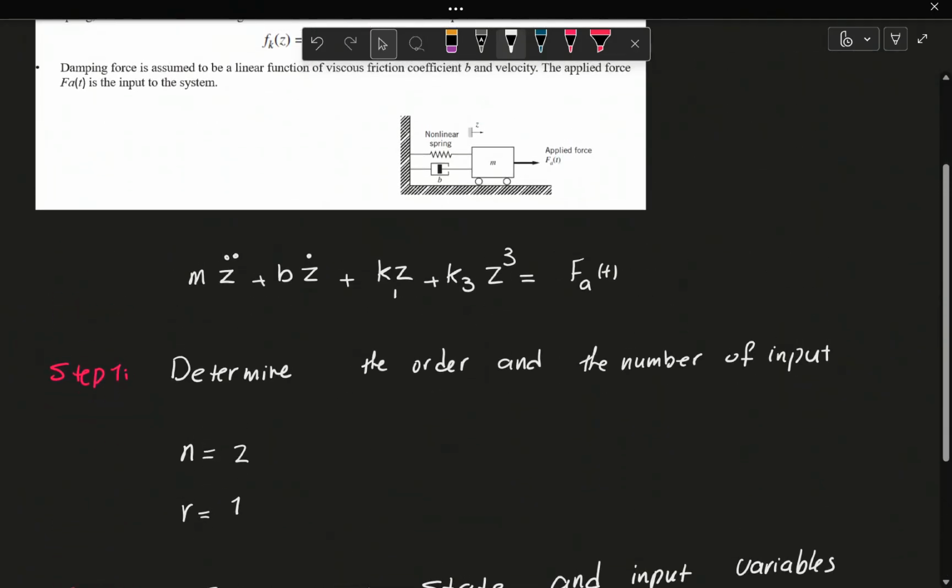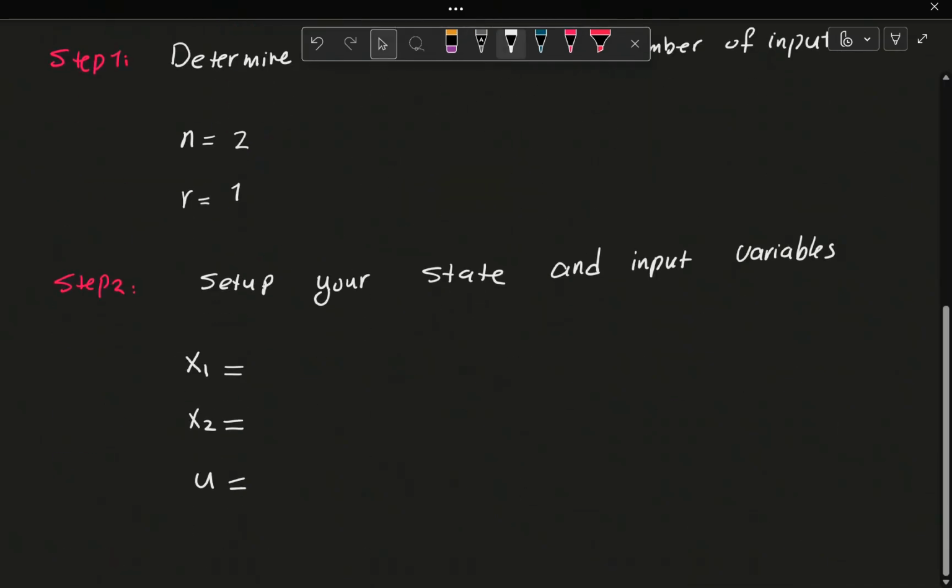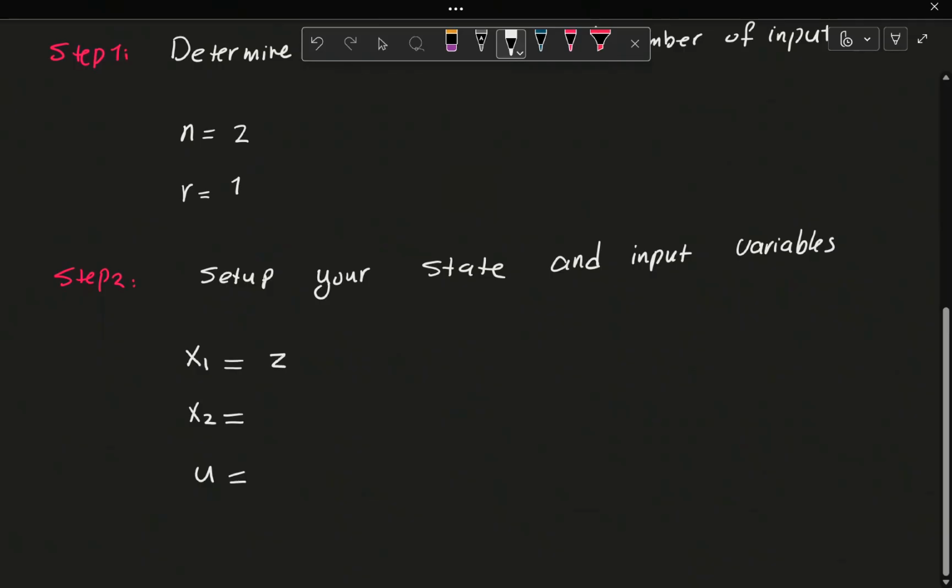The order of the system is 2, so I need 2 states. I look at the maximum order derivative here, and I go one order derivative below that maximum order. So my first state would be z, and my second state would be z dot.